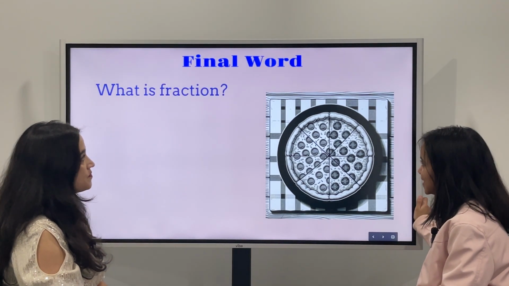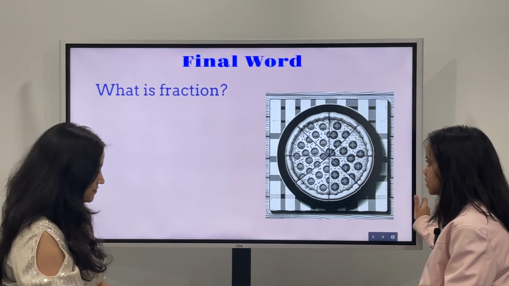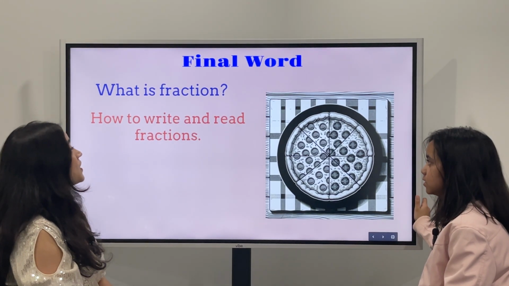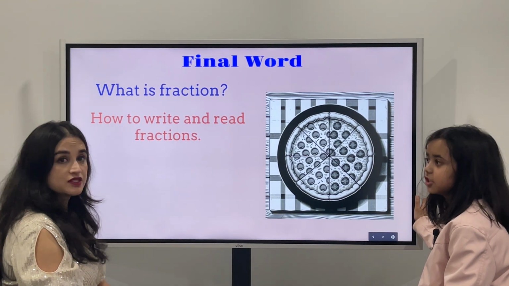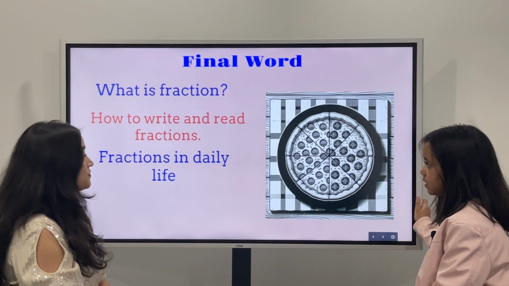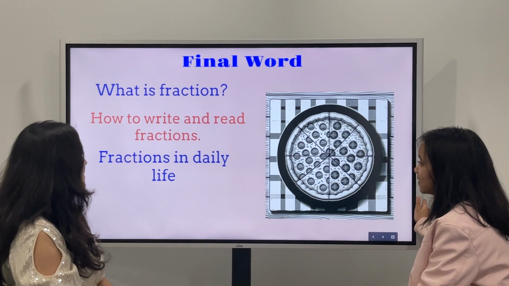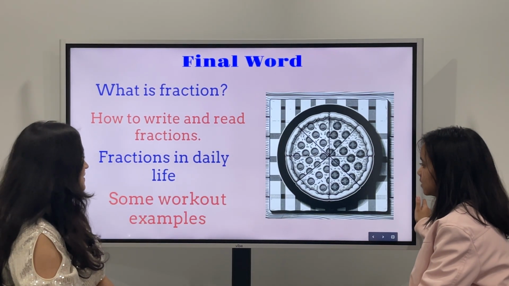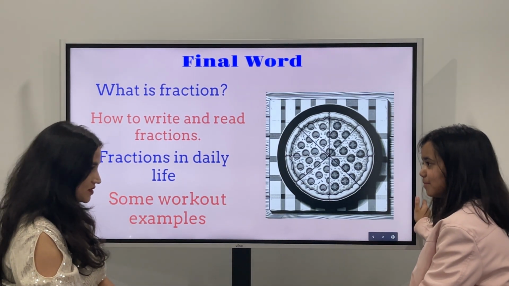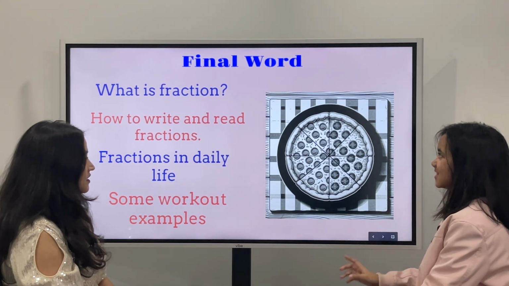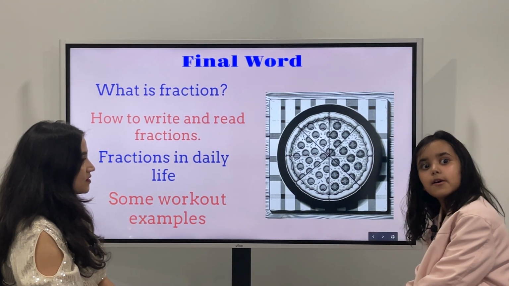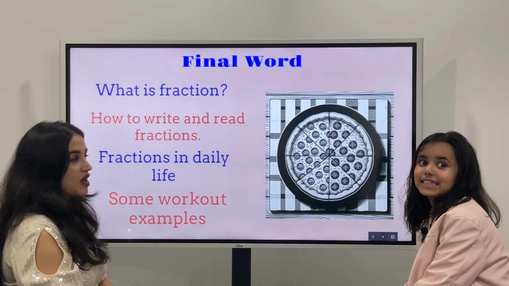Okay, final word. That was quick. What is a fraction? How to write and read fractions. This is what we all learned. So what is a fraction, Lina? And fractions in daily life, and some worked examples.